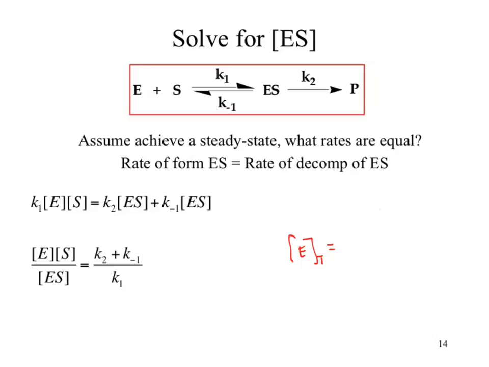What's that? Would that be what we started with, the concentration we started with? So push it a little bit further. What happens to our total enzyme during the reaction? Does it always stay the enzyme? No. So what gives us the total enzyme concentration?